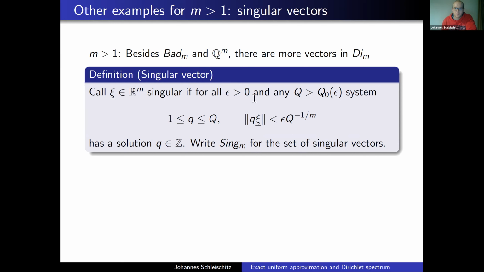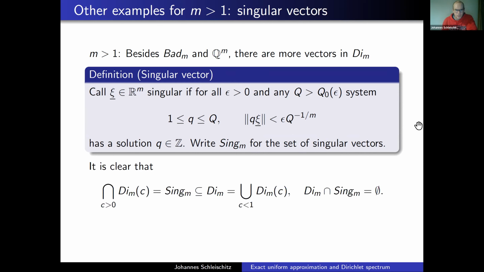That's the point here. This set I will denote by Sing M. And it's contained in the Dirichlet improvable numbers, because the Dirichlet improvable are the union of all DIM of C sets, growing as C tends to 1. So this is an obvious conclusion.